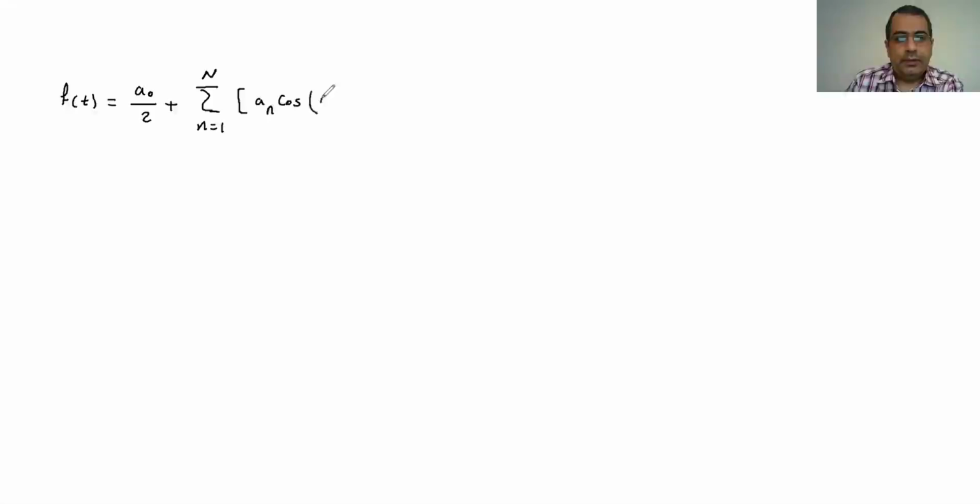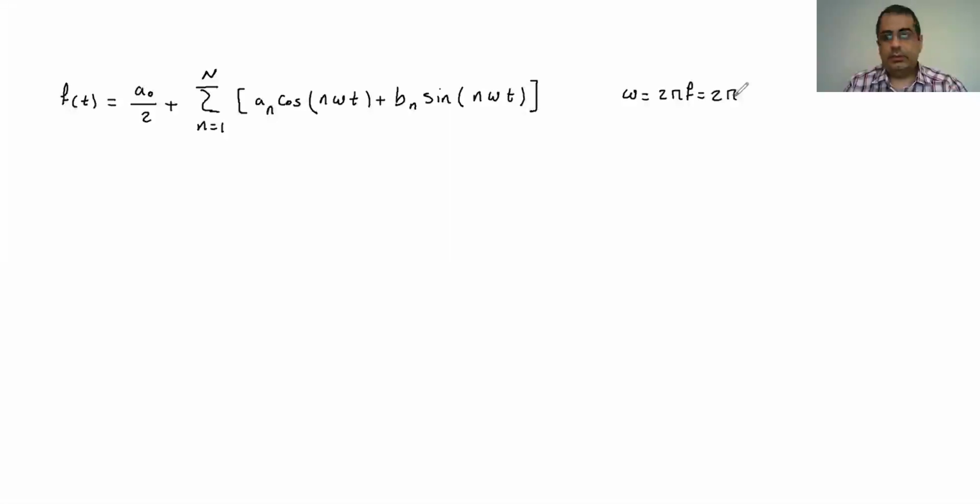So it's going to be a_n cosine(n omega t) plus b_n sine(n omega t). And the omega is again 2 pi f, or 2 pi divided by T.